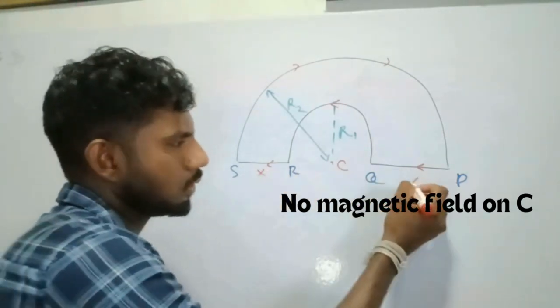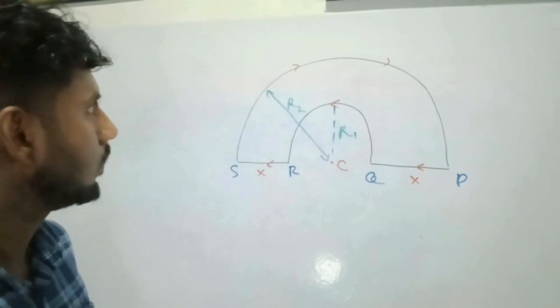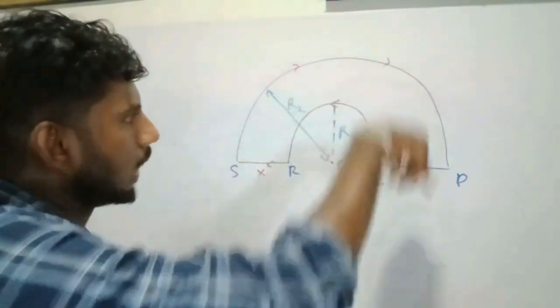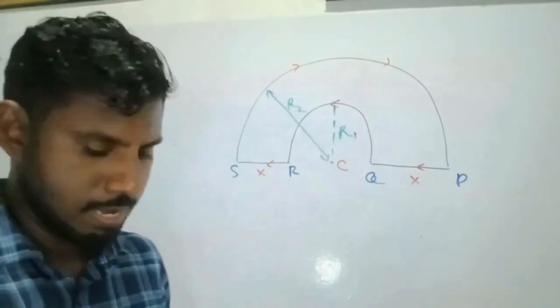So no RS, no QP. Then we have the upper larger arc and this smaller part as well.